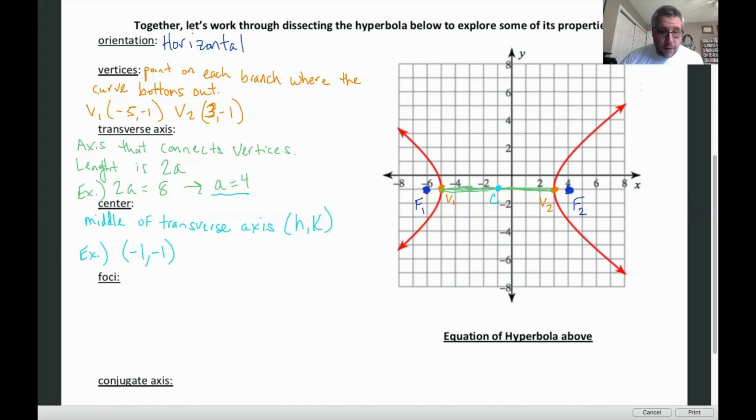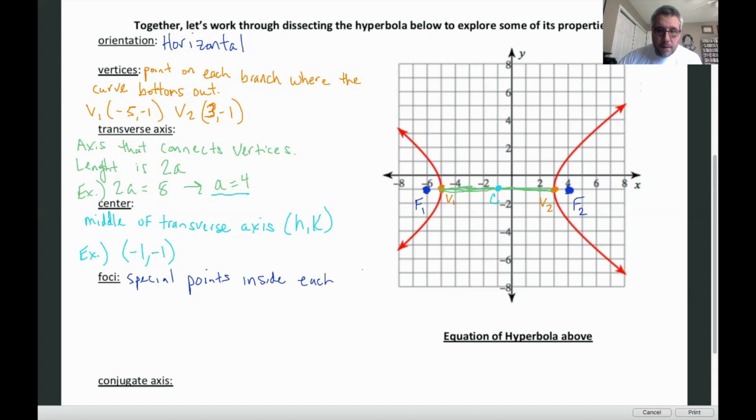Okay, so let's see where we're at. There are special points inside each branch, so we can write that down.